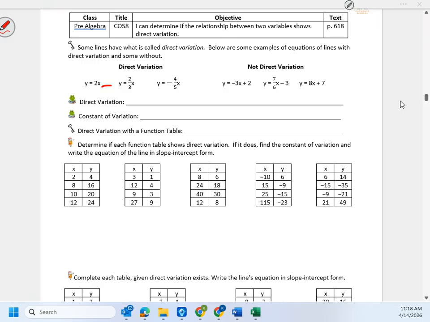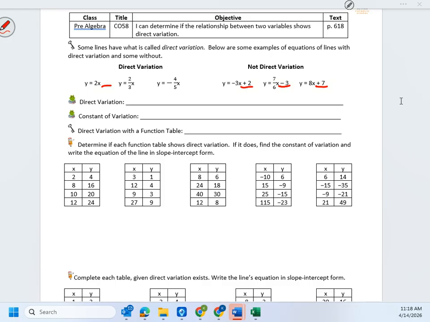They don't have a plus B. Not direct variations have that plus B. Okay. So we're going to get some definitions of our new vocab words, and then we're going to be able to figure out if there is a direct variation in the lines or not direct.